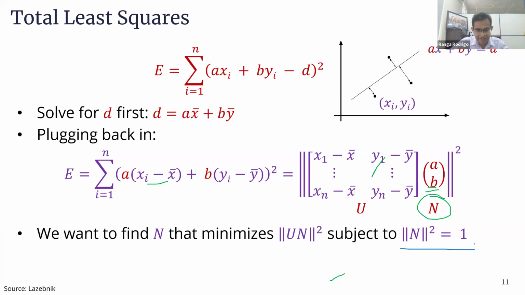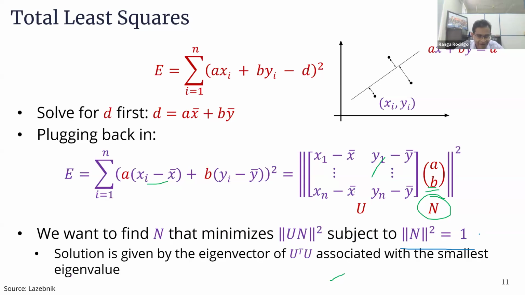This is hard to solve if you do not know how to solve it. If you know how, it's a couple of lines. The solution is given by the eigenvector of U transpose U associated with the smallest eigenvalue.